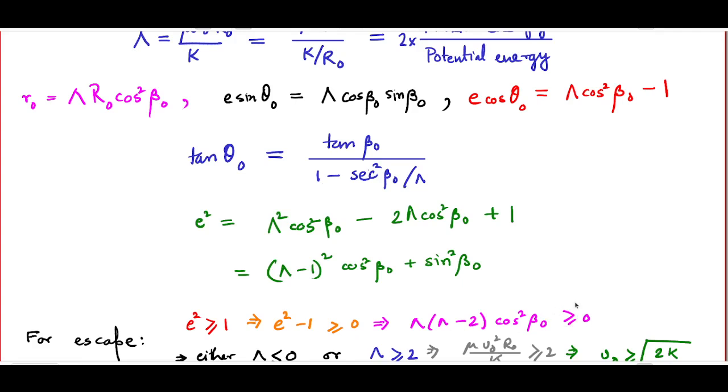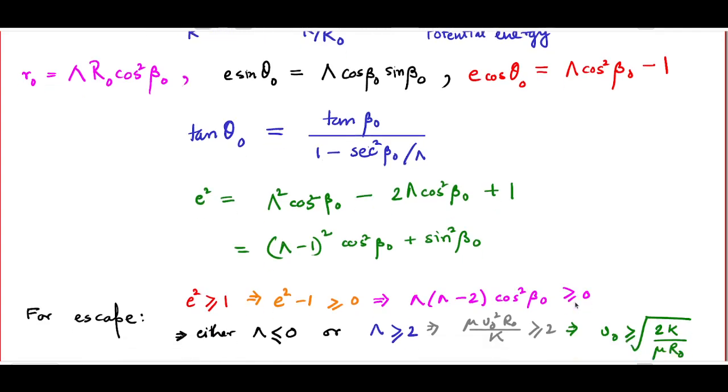There are now two possibilities. Either lambda is negative, less than or equal to 0, in which case lambda minus 2 will also be negative, so the product of two negative factors would give you a positive value, or lambda has to be bigger than or equal to 2. We will talk about lambda being negative soon, but let's focus on lambda being greater than or equal to 2 here.